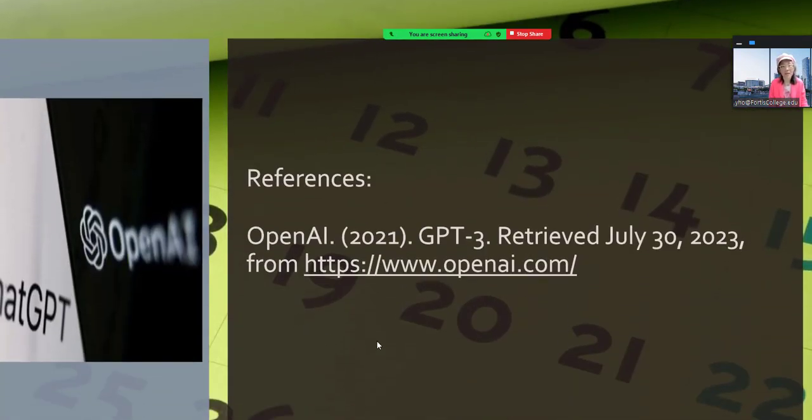So that's this, and this is what it looks like if you're going to use ChatGPT for references, which is what I did. This is the APA version. I used ChatGPT 3.5, which only goes up to 2021.